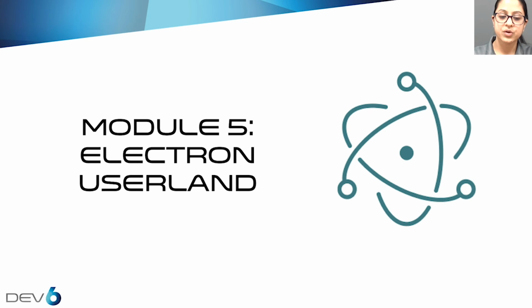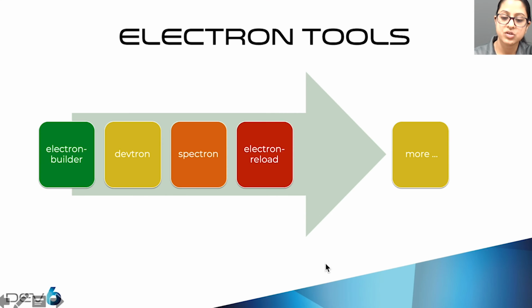The Electron official website, this is a name they have used, Electron userland, is listing out all the famous tools which are used by a larger number of people and supported by a good community. So I have picked a few which I was using in my lab exercises.